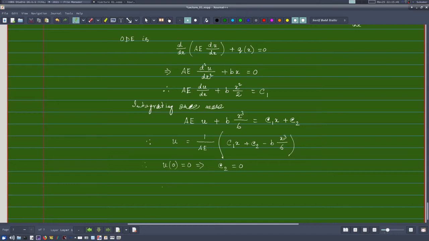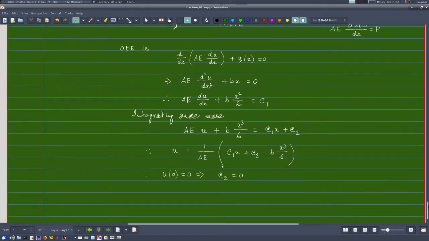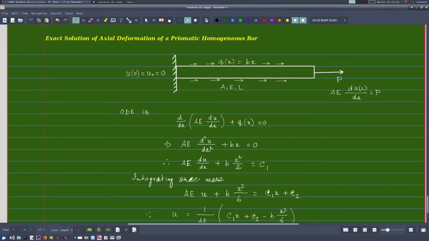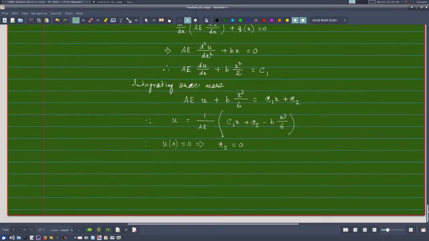And now from my second boundary condition, I know that AE du/dx is P, so I must be able to find out du/dx by putting C2 equal to 0.